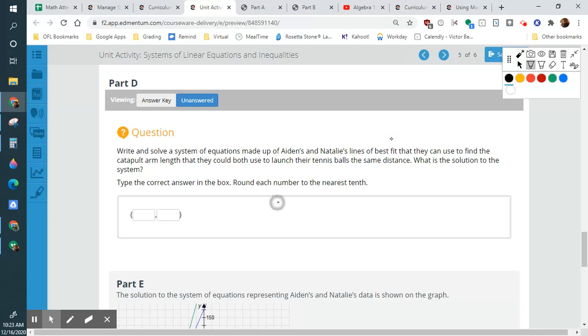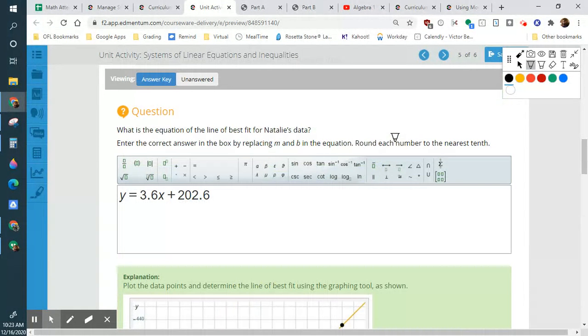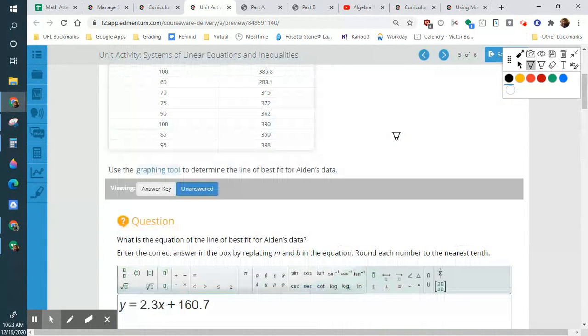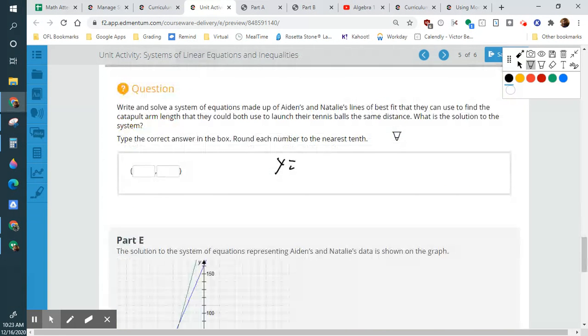One of them was, I'll do part A first, y equals 2.3x plus 160.7.